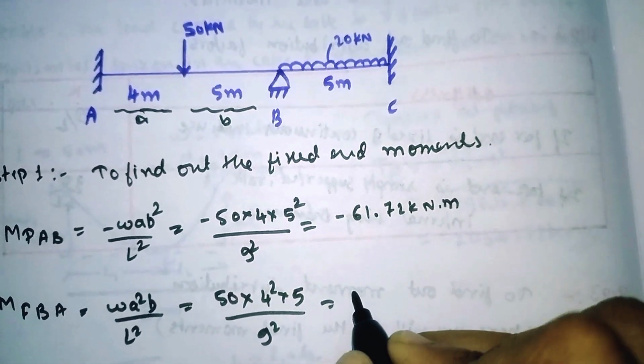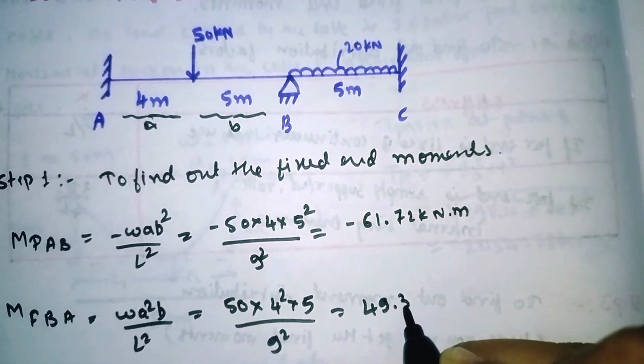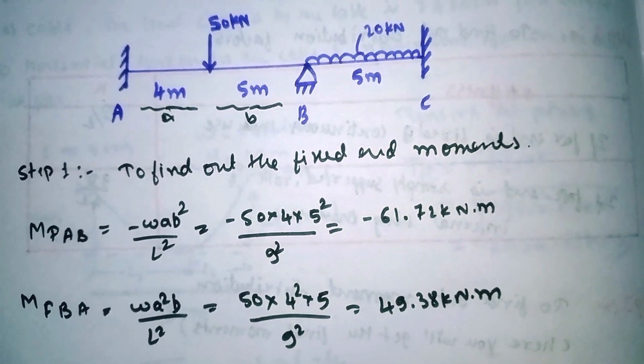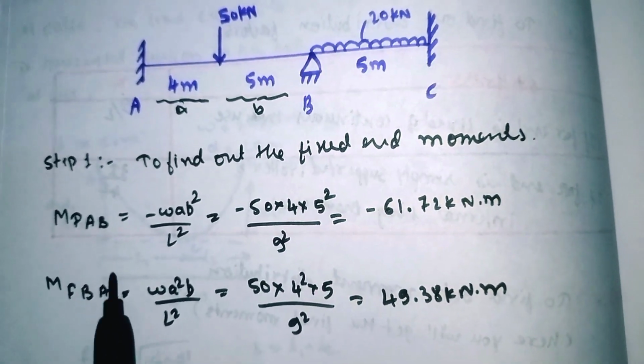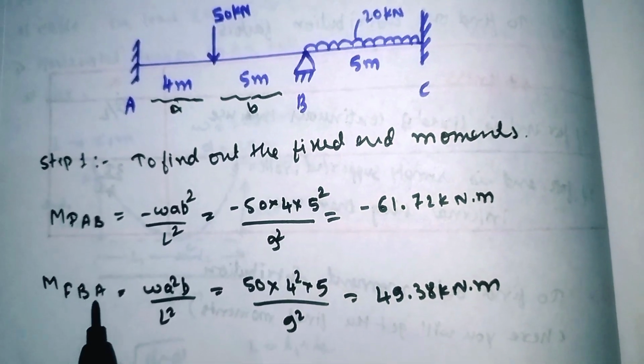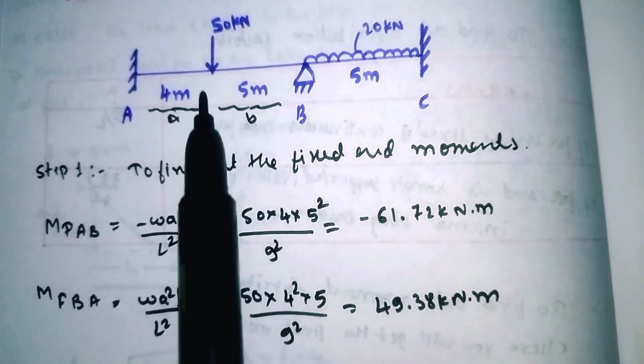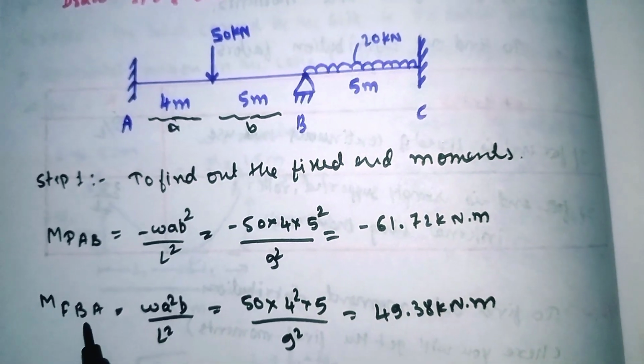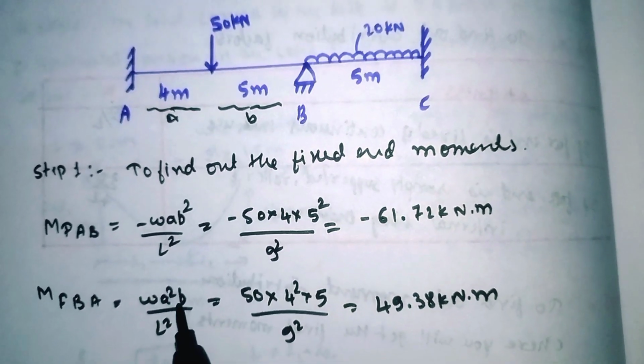So it will come out as 49.38 kilonewton meter. So our formulas for finding the fixed end moment for AB and BA are not the same because the load is not acting at the center. For AB it is different and for BA a different formula we have used.